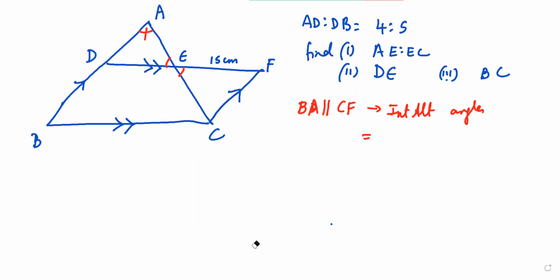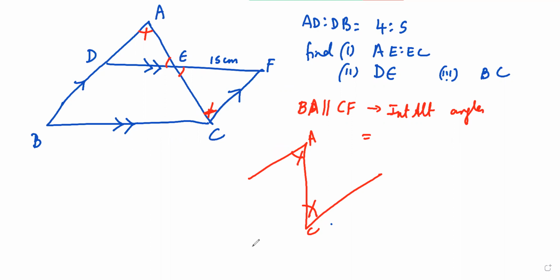Just remark it, wait. This angle will be equal to this angle, that is this angle, C. Yeah, now it's fine. If you're going to look at it this way, see, this is A and this is C, isn't it? These two angles are equal. The Z formation, I marked it here. You can see, isn't it?